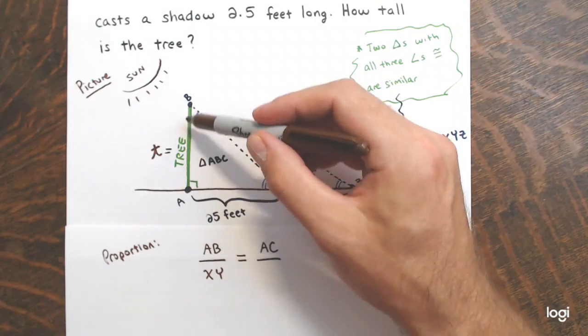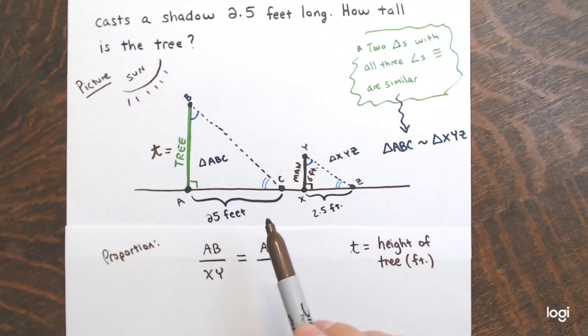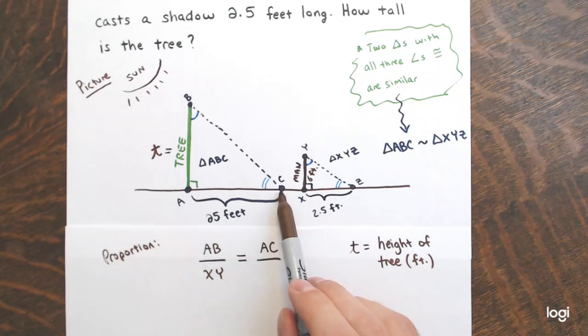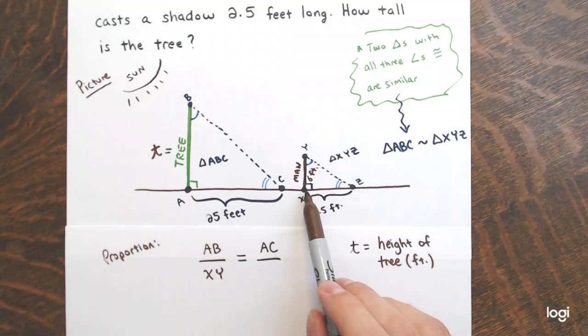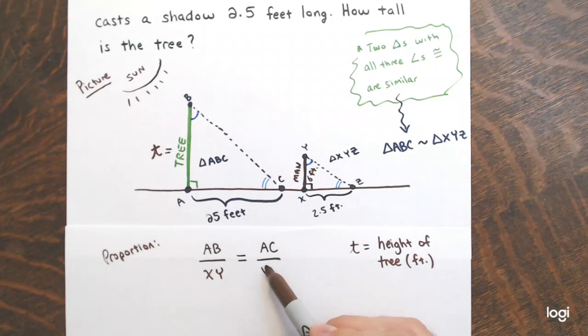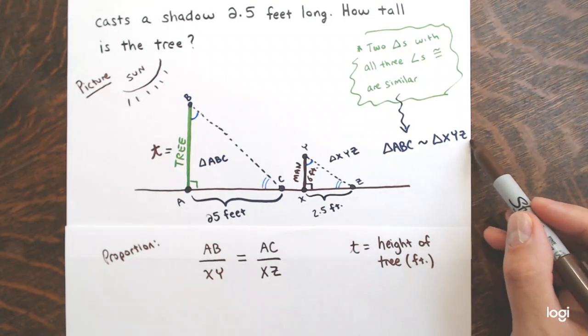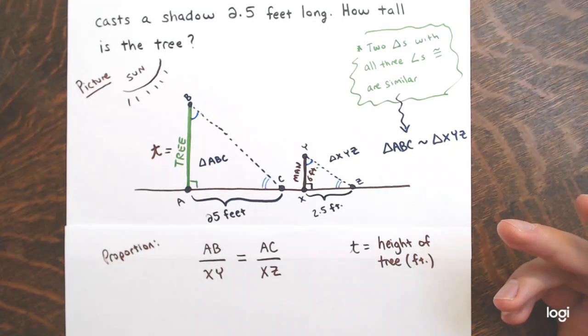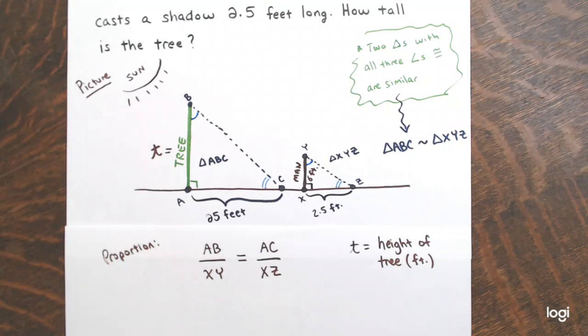So the ratio of AB to XY will be equal, since they're similar, to AC, and AC corresponds to XZ, the first and third letter again in my name for the other triangle. So here's a proportion. I'm going to fill some stuff in, and then we're going to solve it. And then answer the question, it is a word problem. I should answer word problems in full sentences with units involved. All right. So let's fill some of this stuff in.